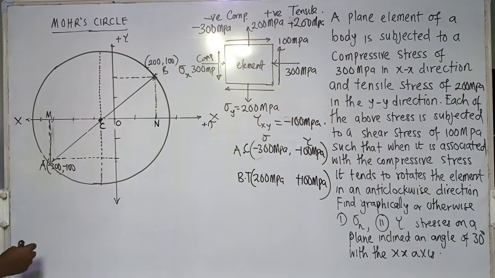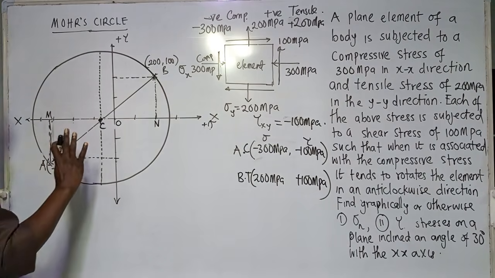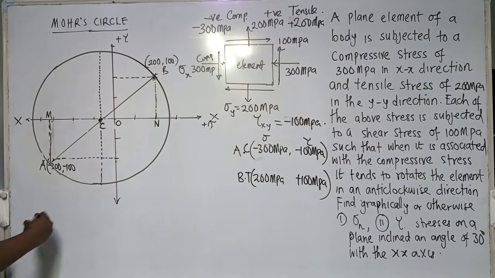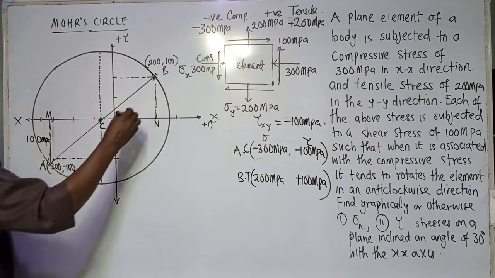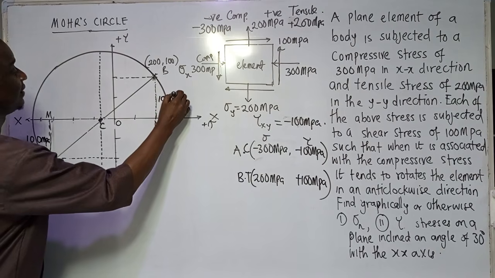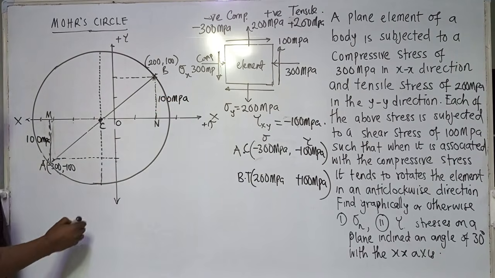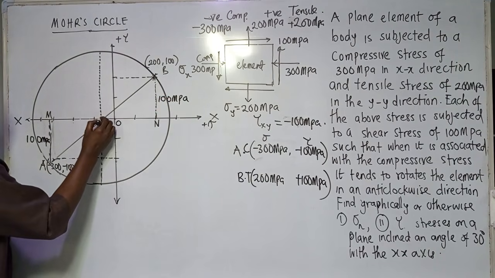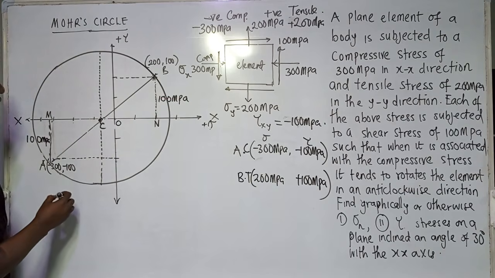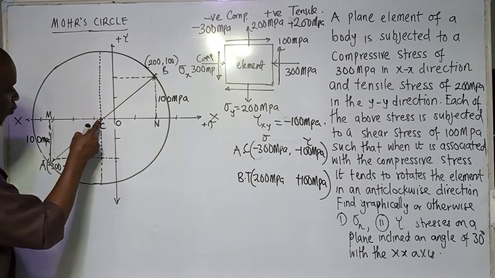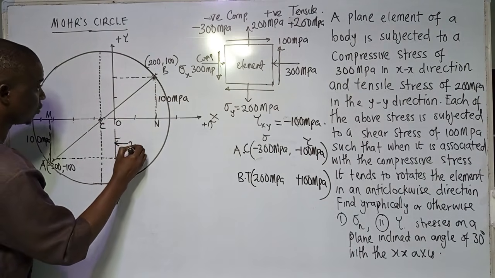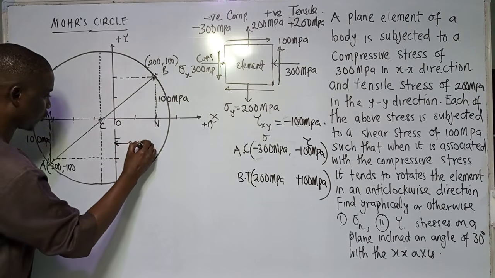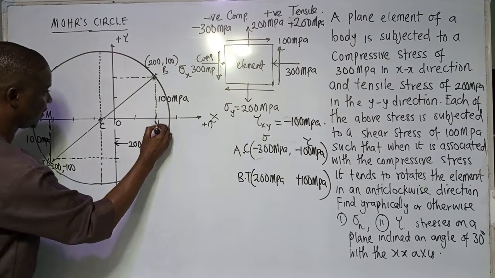So now, for us to solve, what do we start with? Now, don't forget that this is 100 megapascal. This is also 100 megapascal. From here to this place, according to our graph, is 200 megapascal.